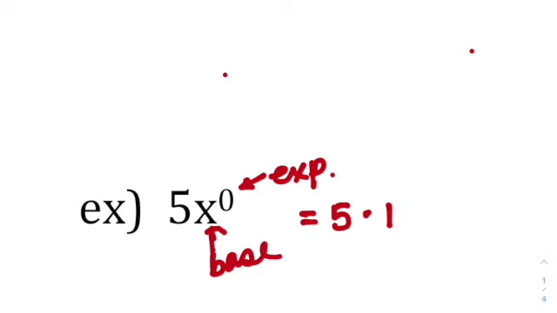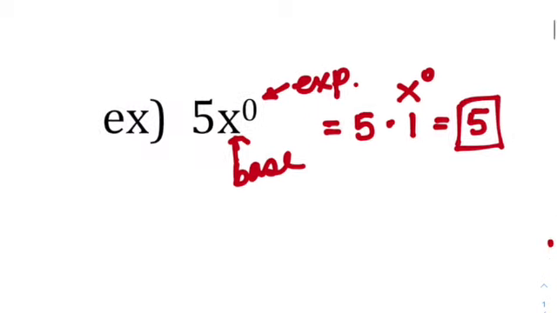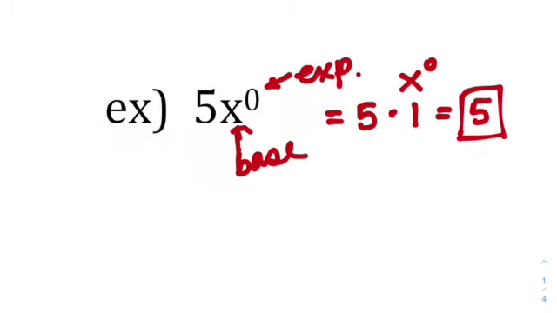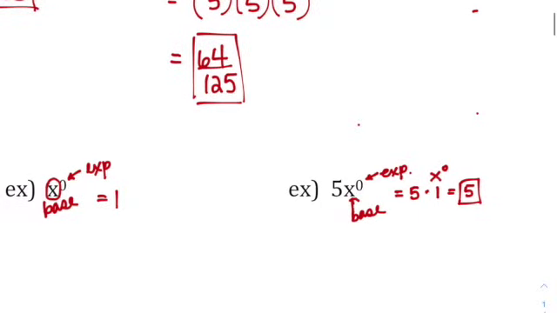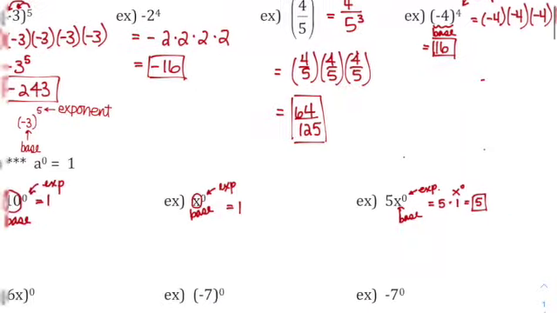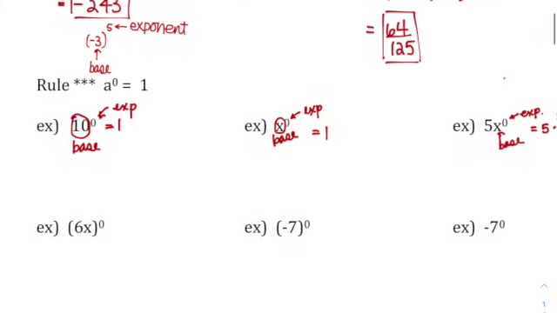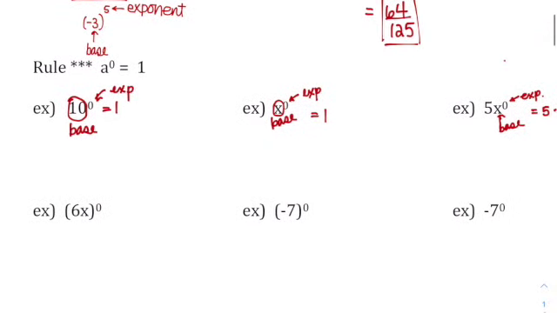That 1 is from x to the exponent 0. That becomes 1. And because that's 1, the answer is actually 5. Be careful on that. I absolutely love that question because you understand the rules of anything to the 0 power is 1. Okay, so pause the video and try the problems on the bottom, and see if you get the same exact answer.